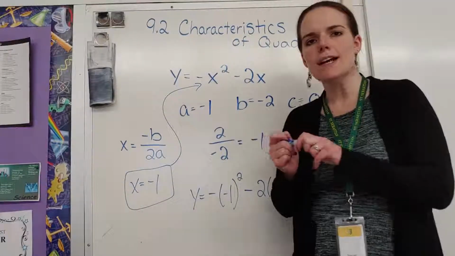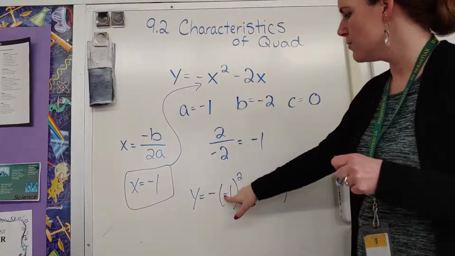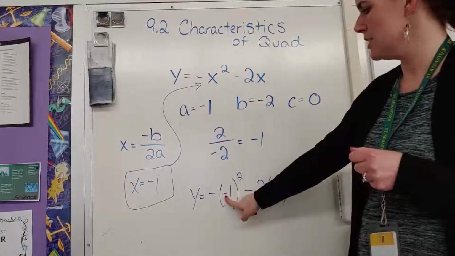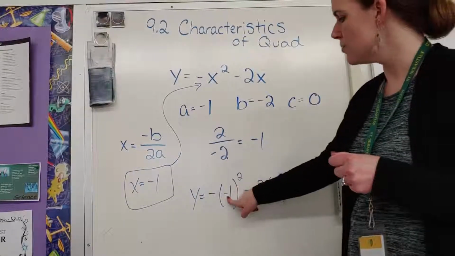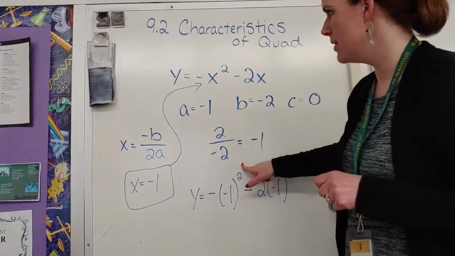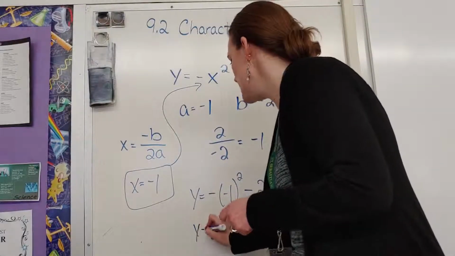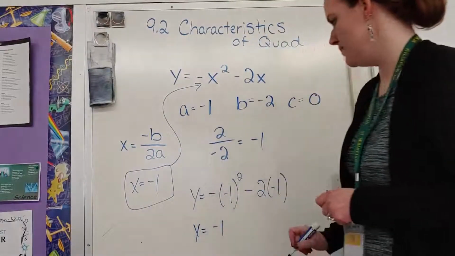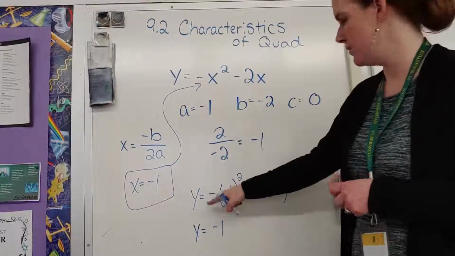I'm writing it out because I almost made a really common mistake. This negative 1, order of operations tells you to square that first. So that negative 1 squared is positive 1. Then you put the negative in. So y equals negative 1, because that became positive, and then I made it negative.